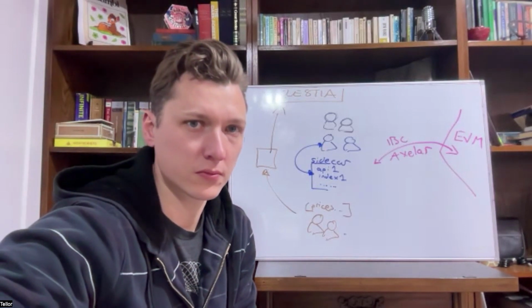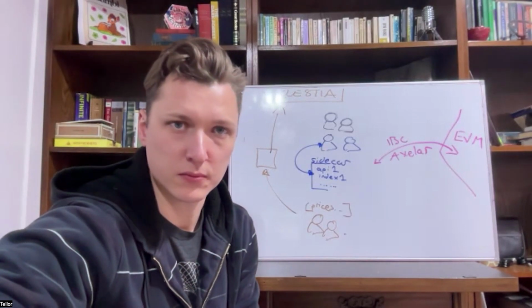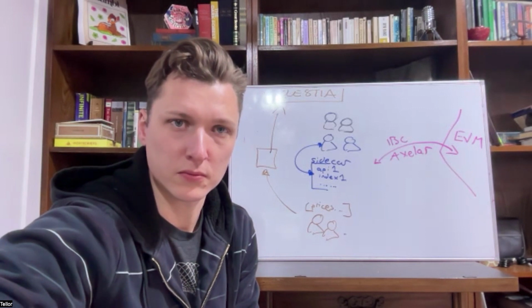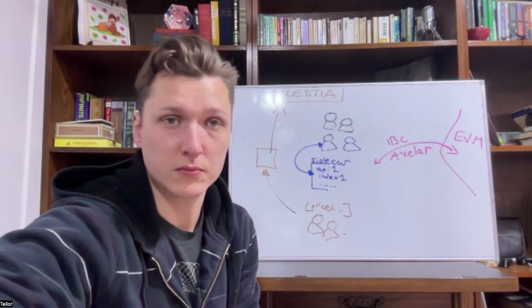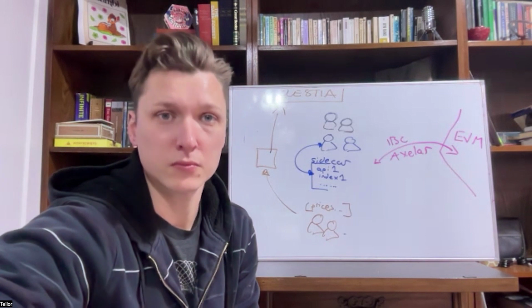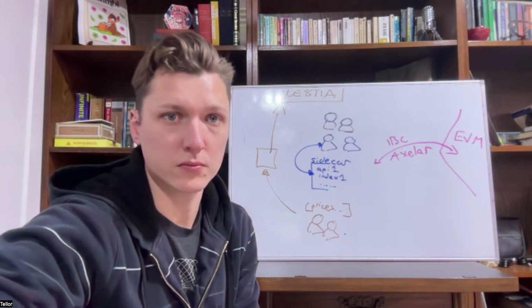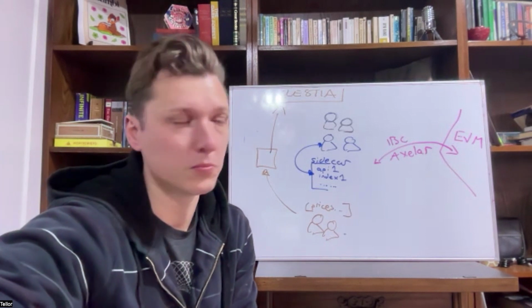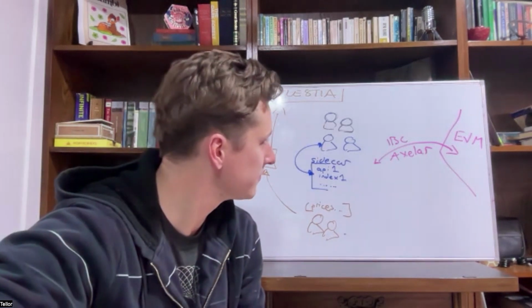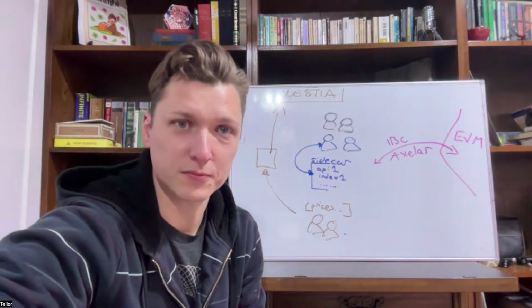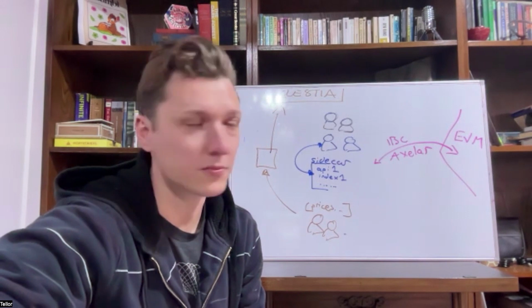The only limitation there is that it is essentially EVM chains that are supported by Axelar, which in the case of testnets and mainnets is really most big EVM L1s and L2s.